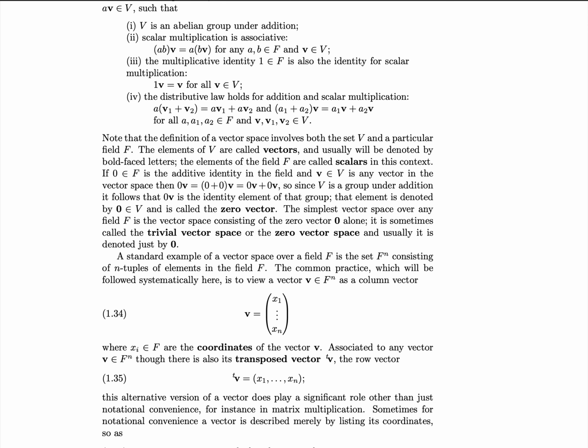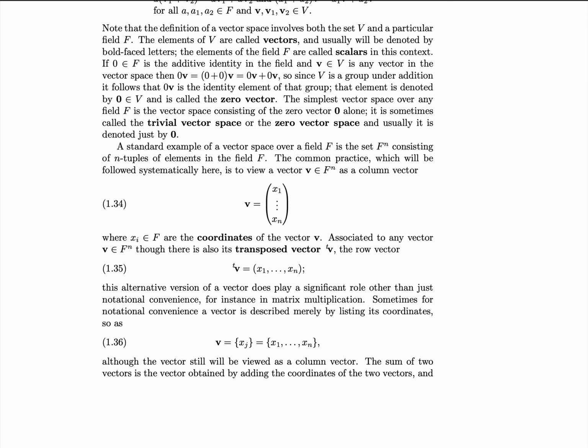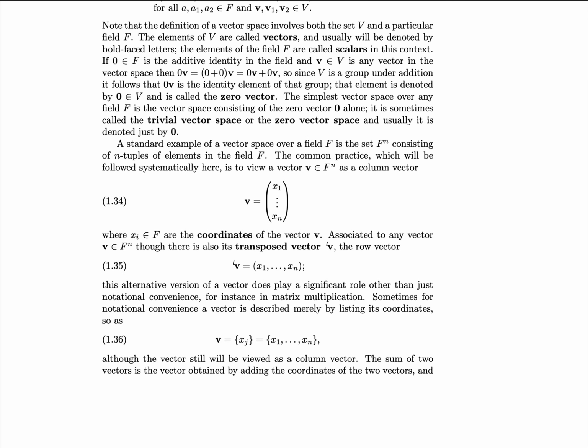But a more standard example of a vector space over a field F is the set F to the n, consisting of all n-tuples of elements in the field F. We will view a vector within F to the n as a column vector, written v is equal to x1 all the way to xn, where the xi are the coordinates of the vector v and are scalars within the field.